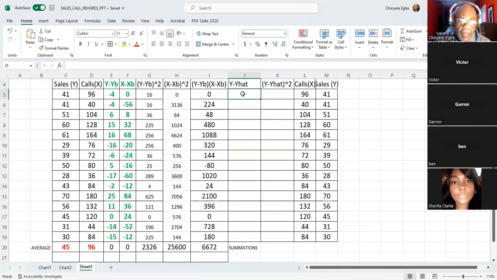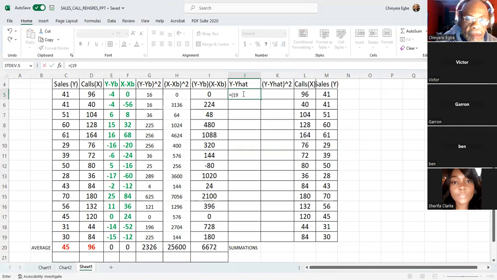So Y minus Y hat will be equal to 19.98 plus 0.2602 times X, which is D5.